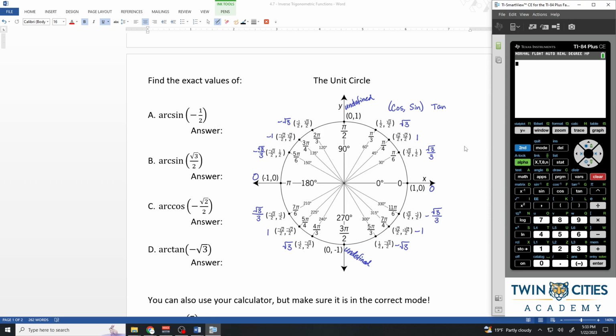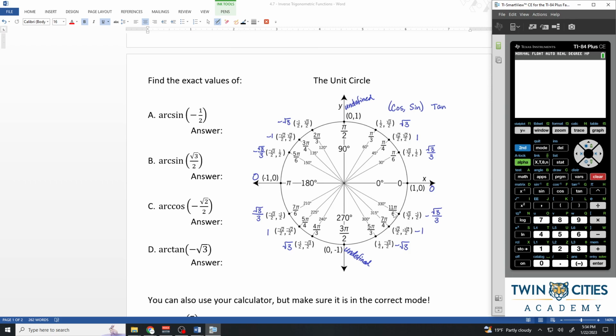And now what you're going to do is on your unit circle, or more specifically, because this is arcsine, you're going to look at the right half of your unit circle. You're going to find where the sine is -1/2. Okay, so let's look at the y values here. And the sine is -1/2 at the radian measure 11 pi over 6.